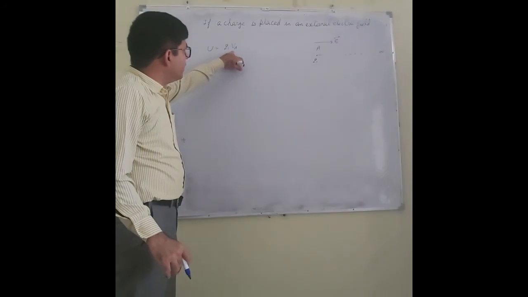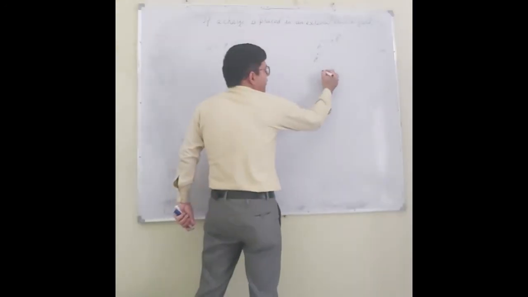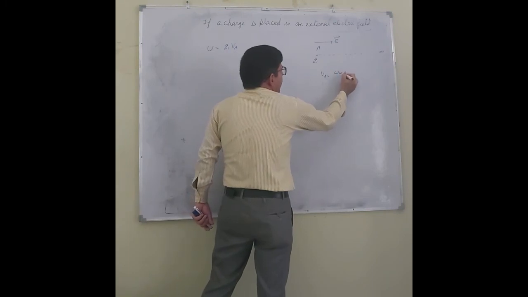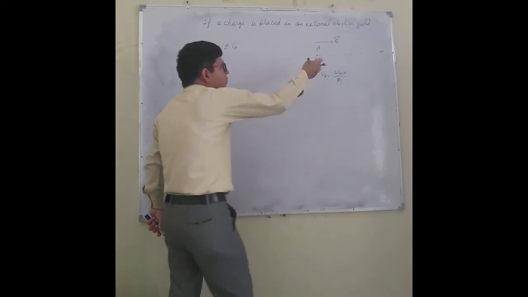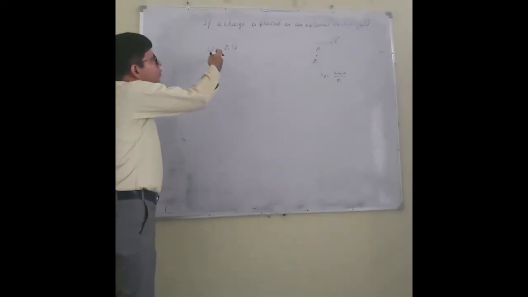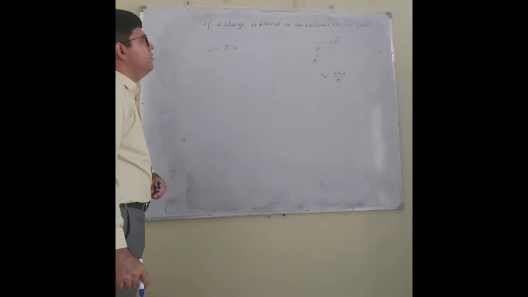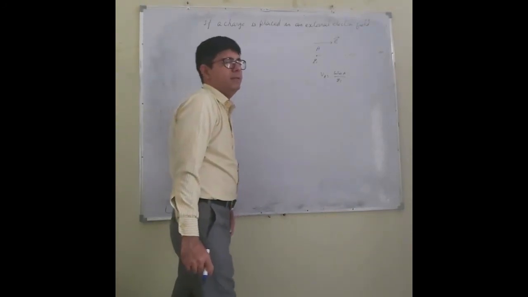So what is VA? VA is work done from infinity to the point A divided by Q1. So W infinity to A is equal to Q1 VA. So this is the potential energy if a charge is placed in an electric field.